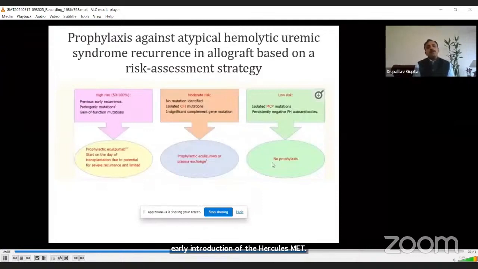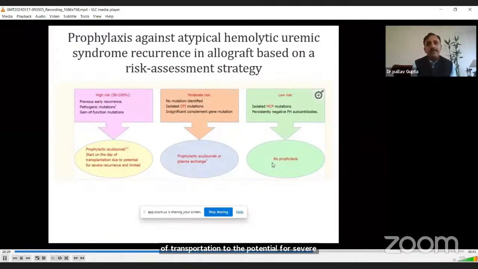this chart in which we talk about the prophylaxis against atypical hemolytic uremic syndrome recurrence in the allograft based on their risk assessment strategy. They say the patients who are at higher risk should receive prophylactic eculizumab, and it should be started on the day of transplantation due to the potential for severe recurrence.